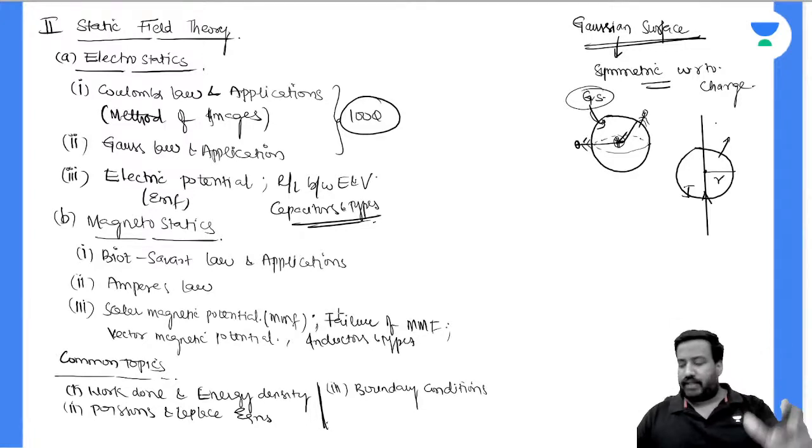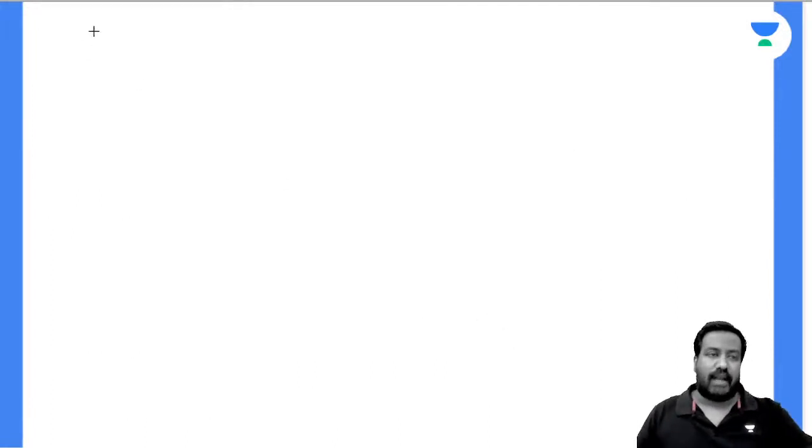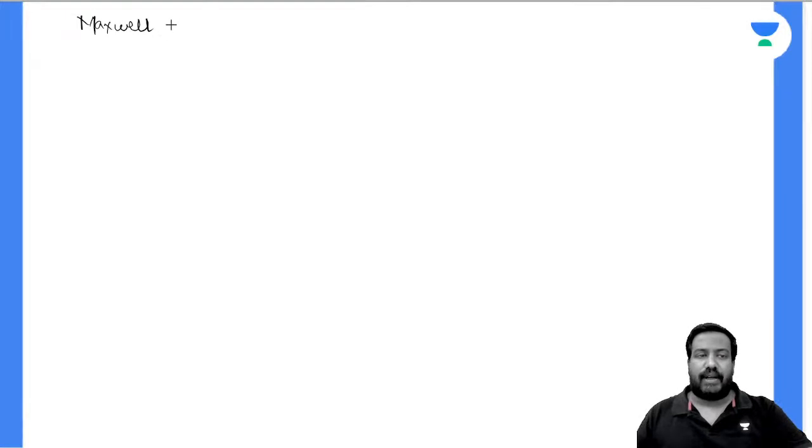As a summary of this, we boil these things down into one point. Discussing all these important points, we finally derived Maxwell equations for static fields.